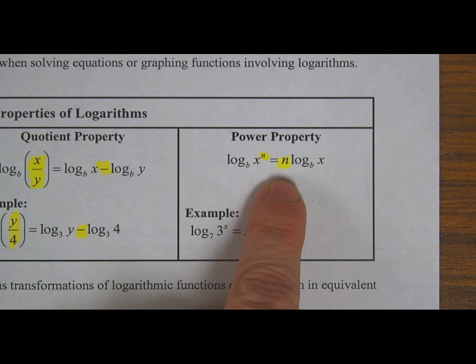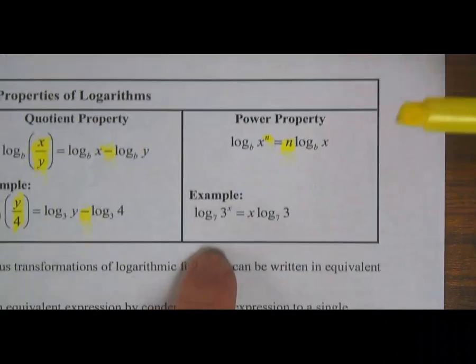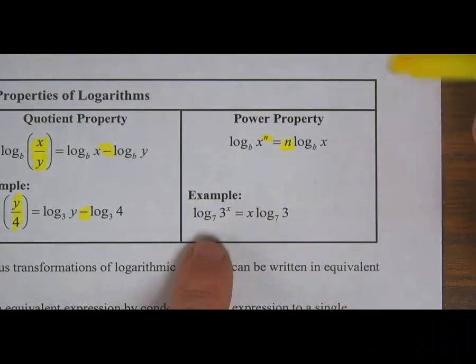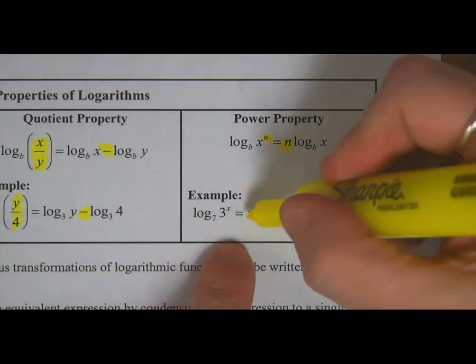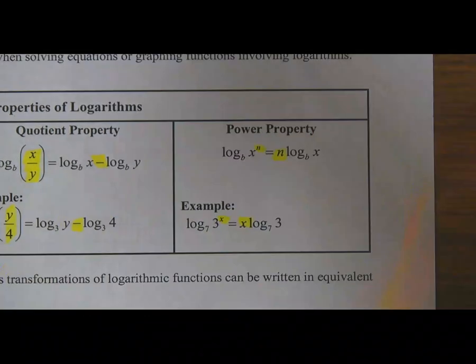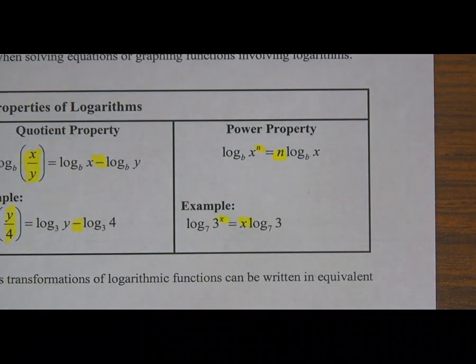And the same works backwards. If you see a coefficient of a logarithm, you are allowed to move it to be the exponent. So here's a really good example. Log base 7 of 3 to the x power is the same thing as moving that x to the front of the log. So those are the three properties we're just going to kind of work with today.